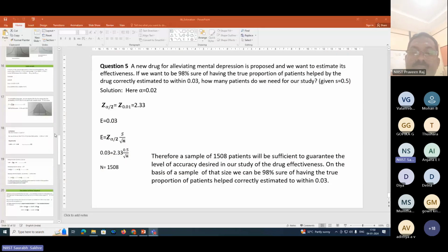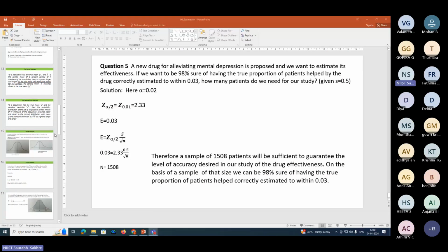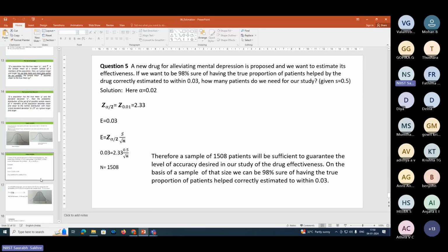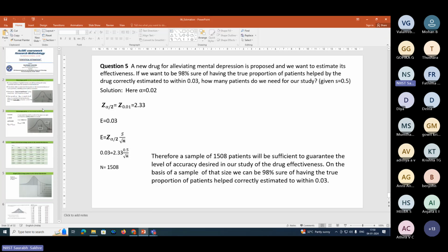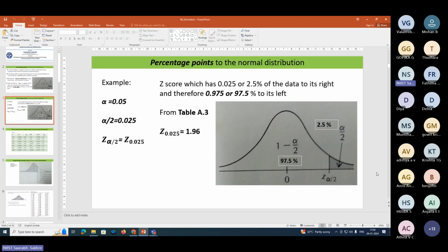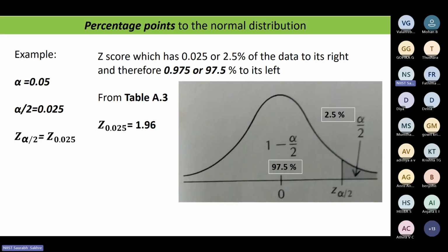Sir, are you able to see the screen? Yes, sir. Okay, first I'll show you this one. Sir, you remember that when we work in a normal distribution, the proportion whatever we declare will be on the right side of the distribution, and the remaining will be 1 minus whatever it is. This is the standard convention.